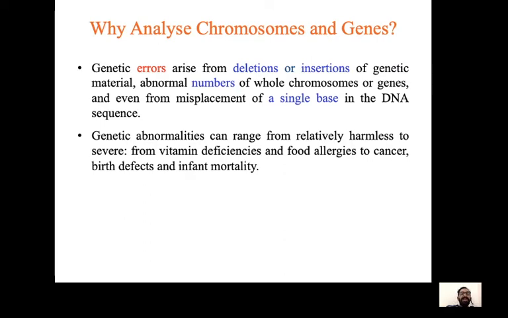We have seen in the theory class that one nucleotide base change in the gene related to hemophilia can cause hemophilia. Similarly, a change in the P53 gene can result in cancer. And this can sometimes be so serious that it can prove fatal for the individual. Or there could be birth genetic defects.